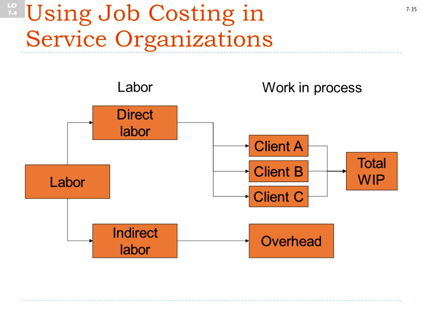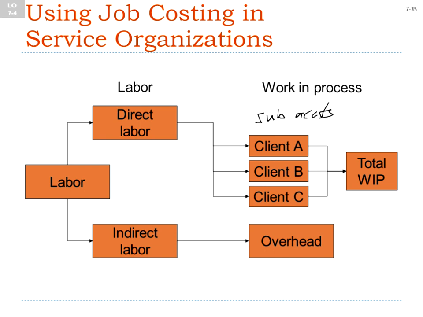Now, when you're applying job costing methods in a service organization, it's going to work the same way. You're going to have accounts go into sub-ledger accounts or sub-accounts, and this is going to be for your clients.